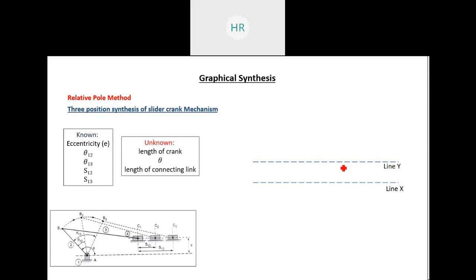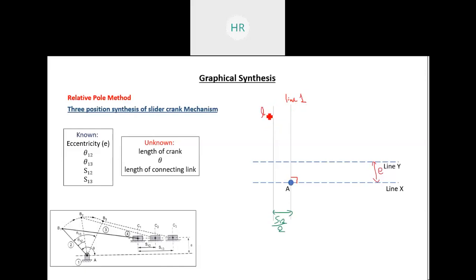First, draw two lines X and Y separated by distance E. Then on line X, randomly put a point A. Then from point A, draw a line perpendicular to line X. Then draw another line which is perpendicular to X, or you can say parallel to this line 1, at a distance S12 by 2.